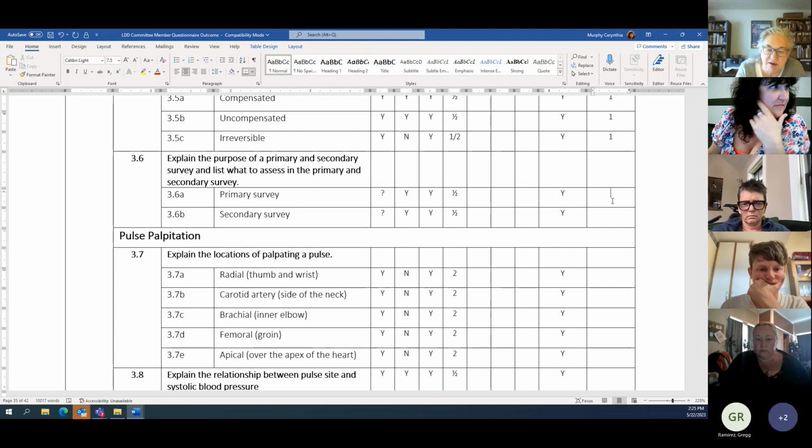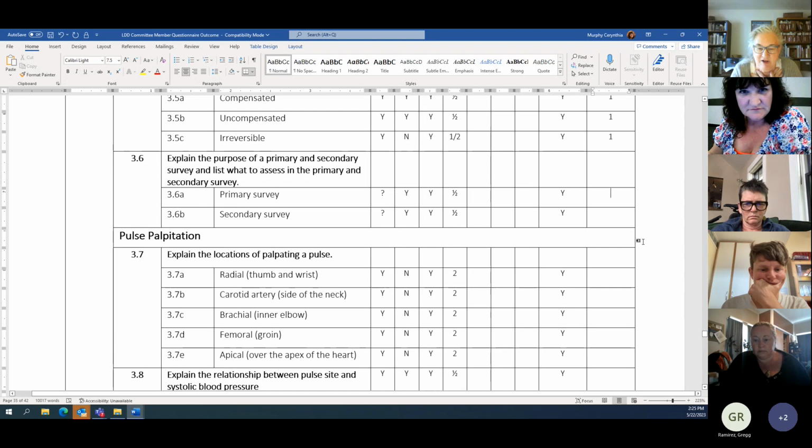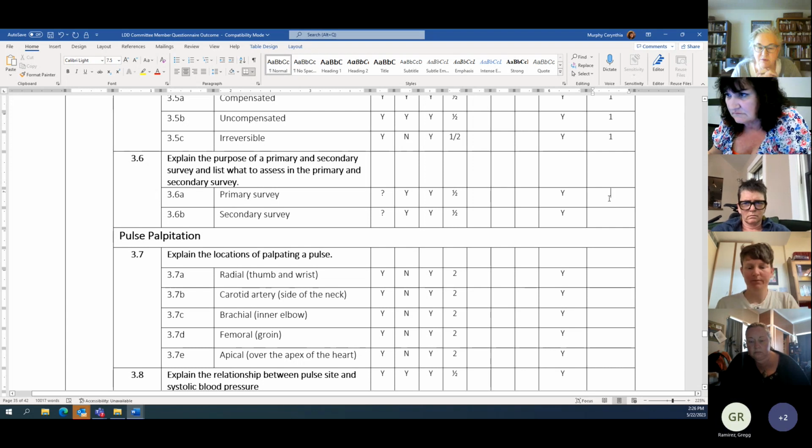In that case, you're going to do a primary survey: airway, breathing, cardiac, and level of consciousness. But I've never even experienced that in 45 years. So knowing the difference, that's why I put it as a potential 2, but I'm fine with it as a 1 as well. And then secondary survey is everything else, which is really what we're doing: pulse rate, respiratory rate, all the numbers, the history, all of that is secondary survey.